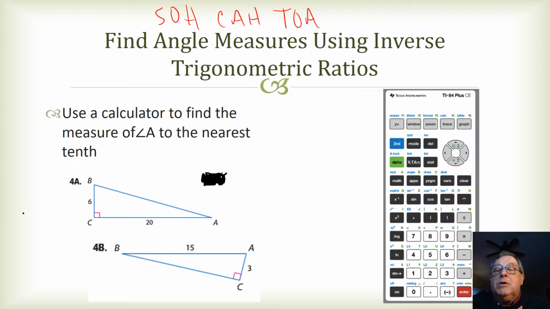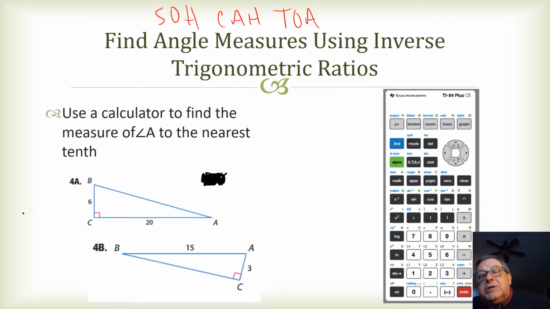Now, inverse trigonometric ratios. What they allow us to do, if we have a trigonometric ratio, is to find the angle measure associated with that trig ratio. And on your calculator, and I put a little screenshot, maybe a little bit difficult to see here in this slide, this is a TI-84 Plus CE.